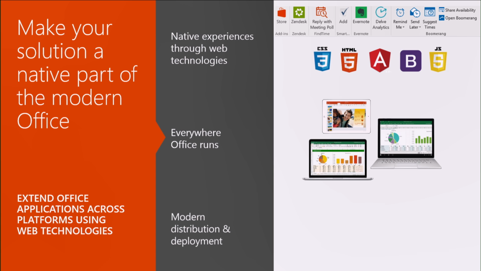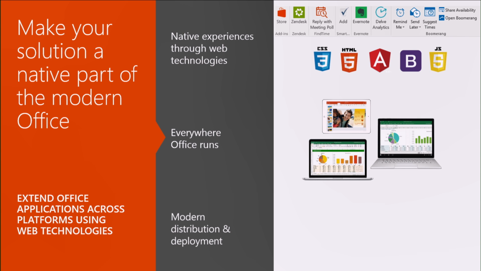Now, the second big goal and benefit of this new framework of web add-ins is multi-platform. We moved from a desktop suite in the 90s, which made Office really popular, to a set of servers and clients, to now a set of cloud and devices.